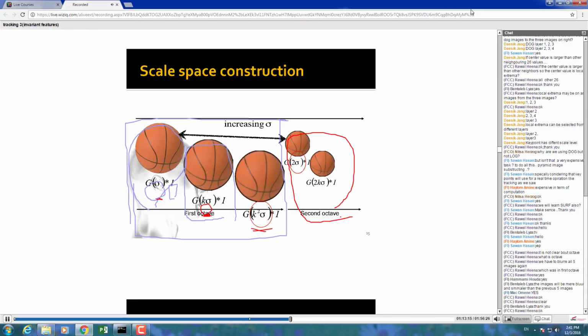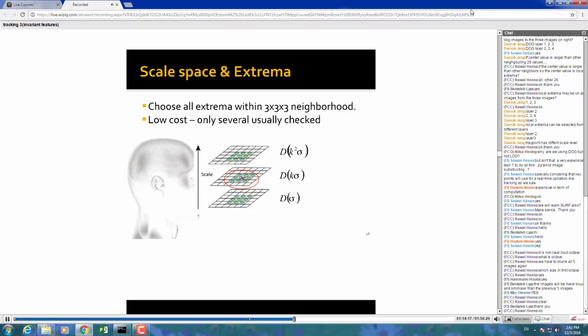It's not exactly the same, but normally when we compare the first Gaussian image in two different octaves, when we scale down the resolution and size of the image by half, we roughly consider it the same as a Gaussian function with 2 sigma, compared to the original sigma Gaussian function.